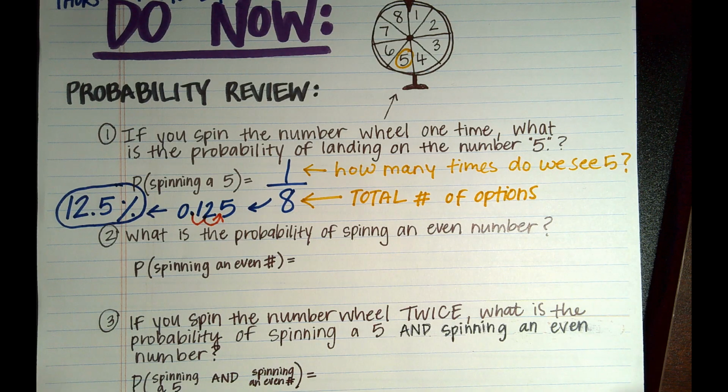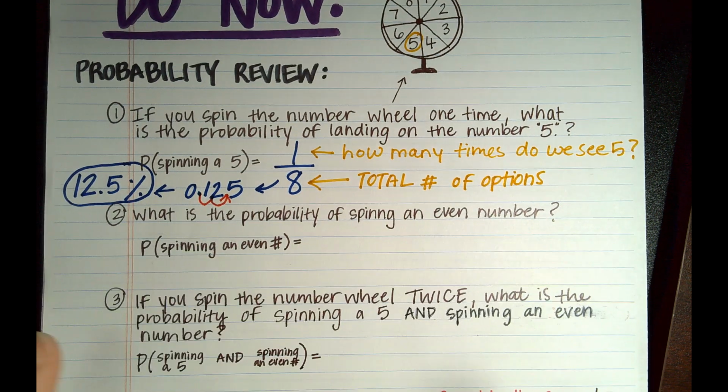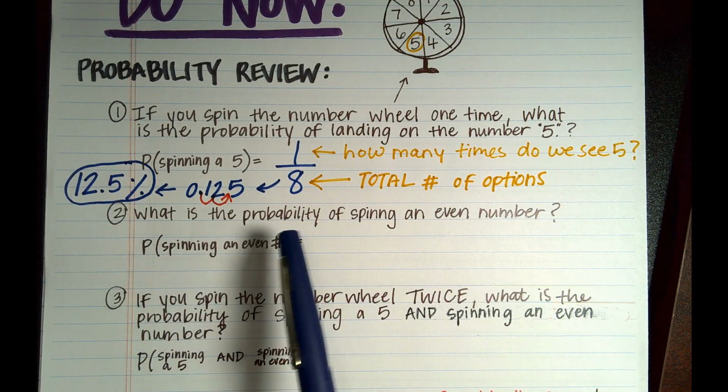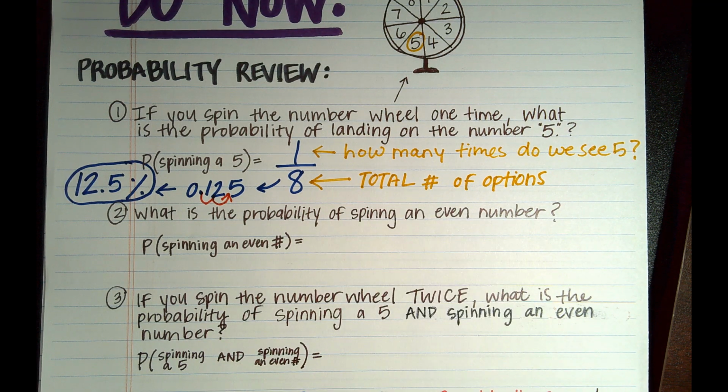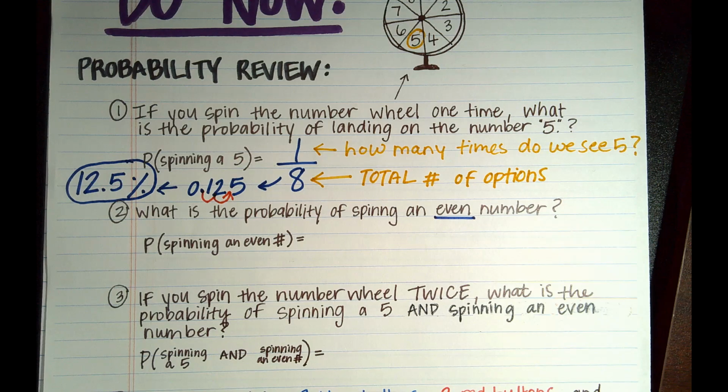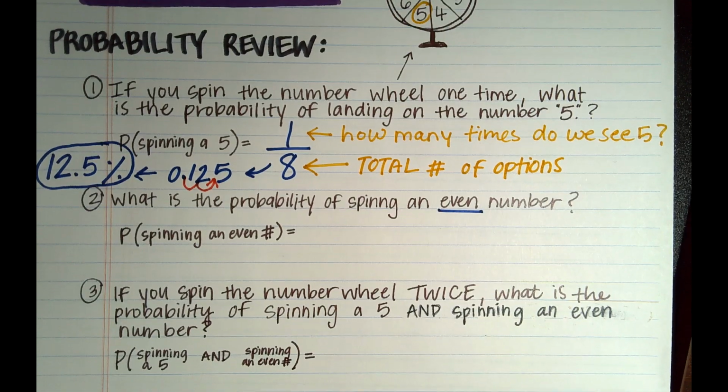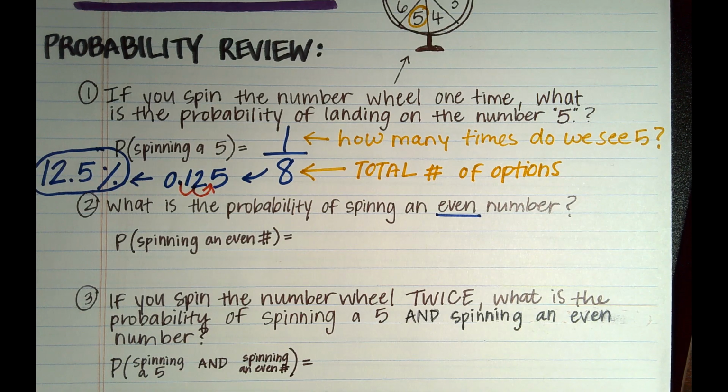Okay. So now let's look at number 2. What is the probability of spinning an even number? So to answer this question first, we need to know what is an even number. What is an even number? Y'all know? 2, 4. Yes, 2, 4, 6, 8. It's numbers that can be divided by 2.